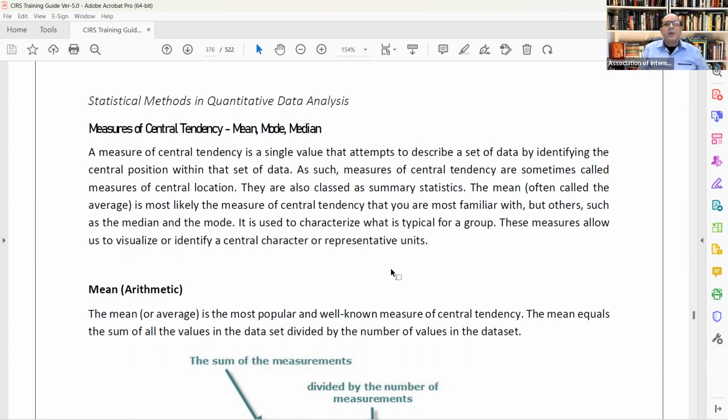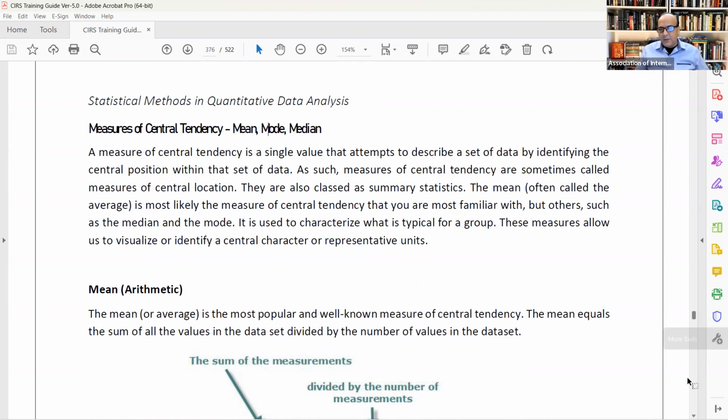It's none of that, especially based on what is required by the examiner in CIRS. They don't want you to compute anything. They don't want you to validate any figures or answer a question that demands that you do all the calculations.